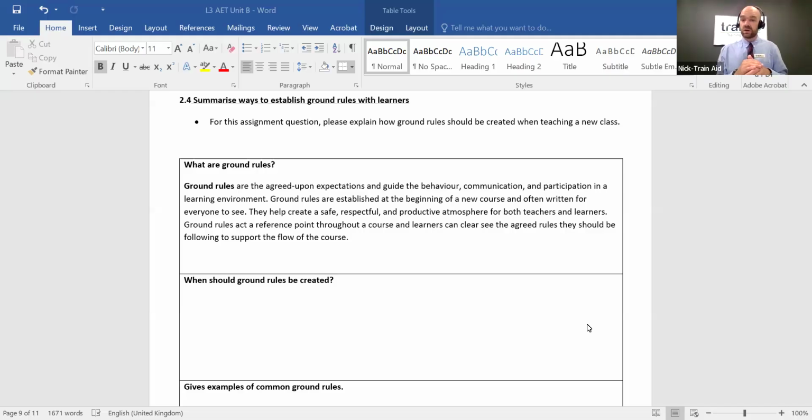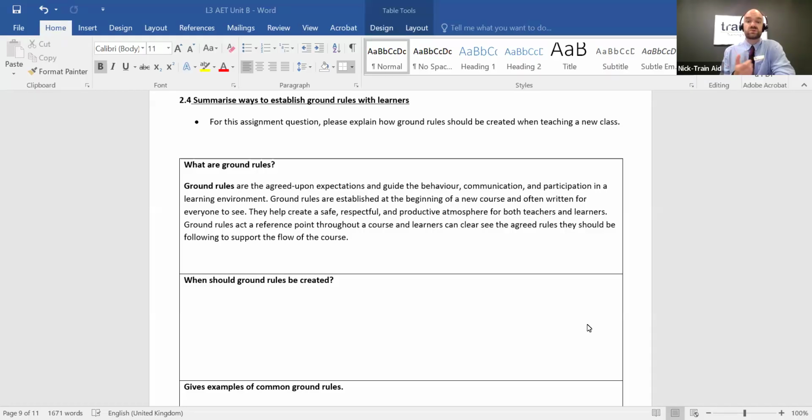They are the agreed upon expectations, and they help to guide behavior, communication, and participation within a learning environment. So ground rules are basically a course contract.